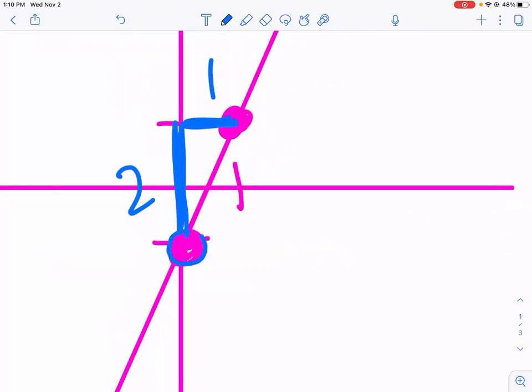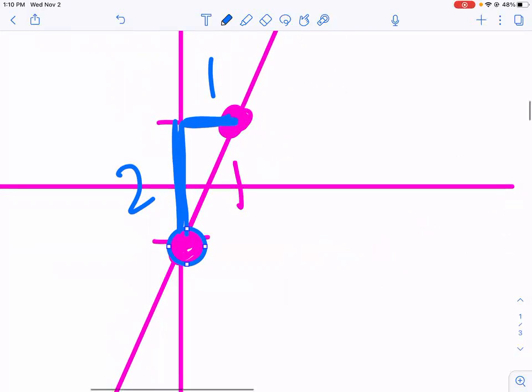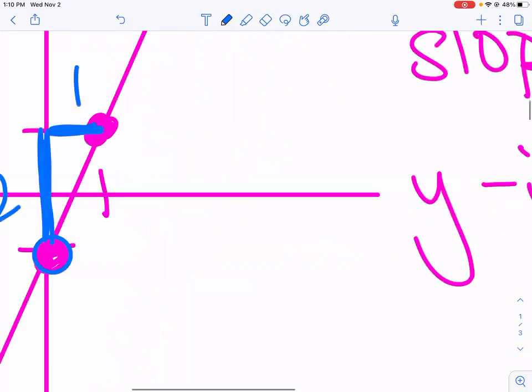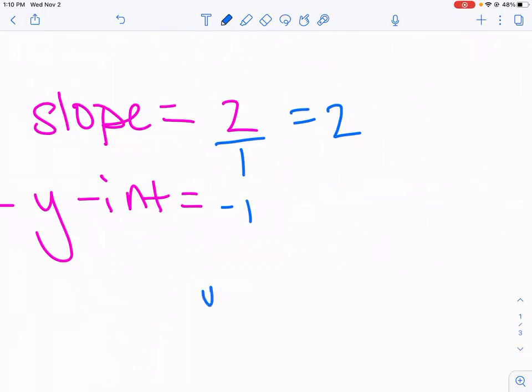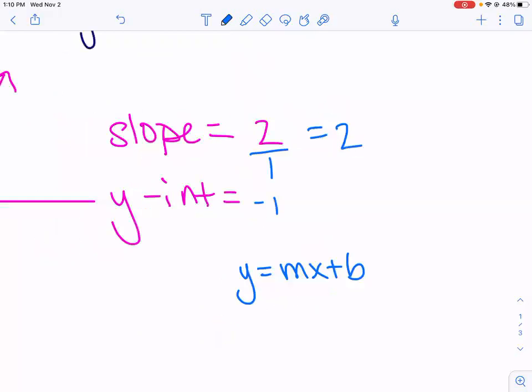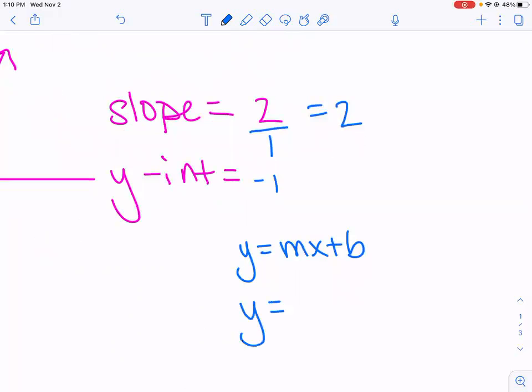The y-axis. We go through the y-axis at this -1. So if our slope is 2 and our y-intercept is -1, then y equals mx plus b is y equals 2x plus -1.